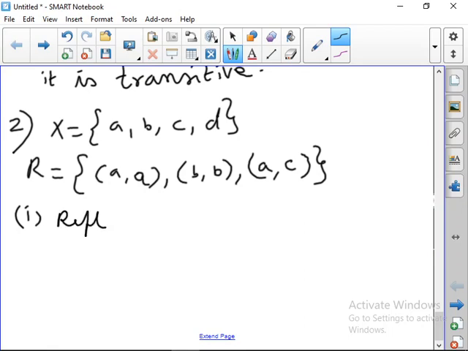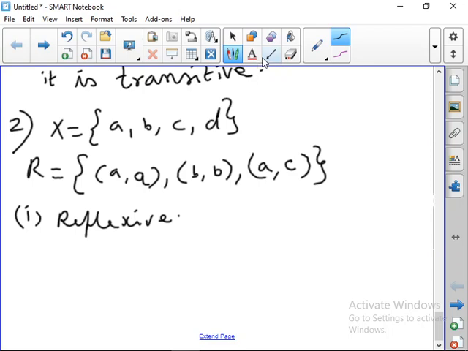For it to be reflexive, what should you add to this R so that the relation becomes reflexive? That is what they have asked. Here reflexive means A related to A, B related to B. Here we have A related to A and B related to B, but C related to C is not there and D related to D is also not there.